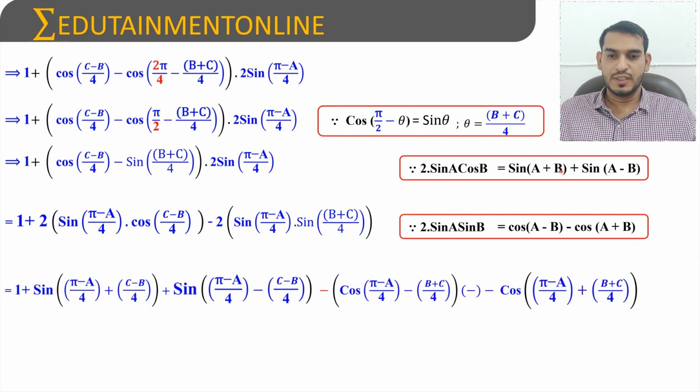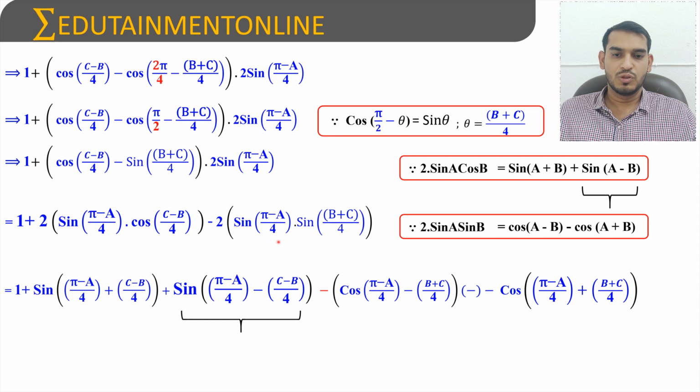Now rewriting this in the simplified manner. So 2 sin A cos B can be written as sin(A + B). Here A is (π − A)/4 and B is (C − B)/4, plus sin(A − B). Sin(A − B) is (π − A)/4 minus (C − B)/4, and again this minus.